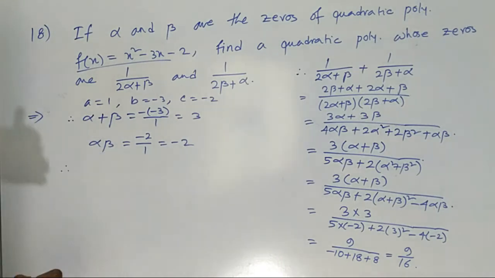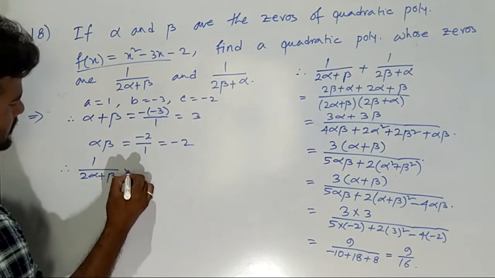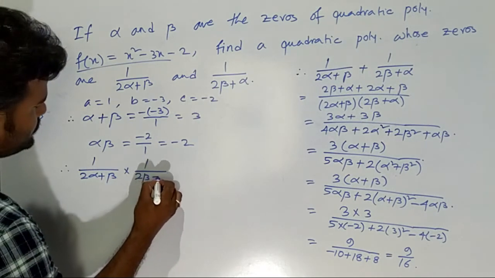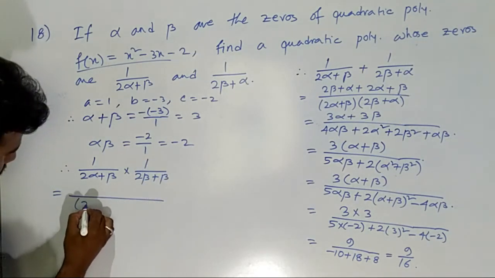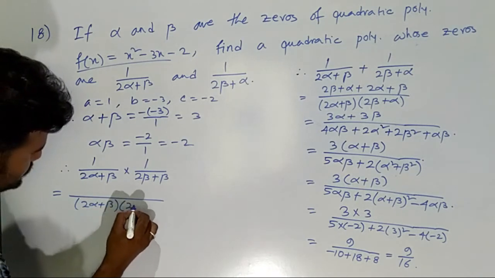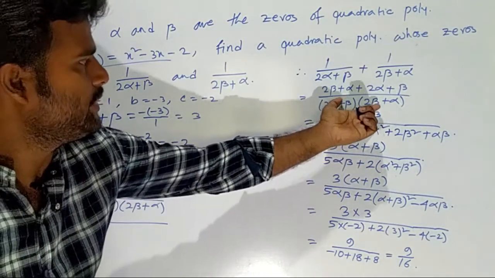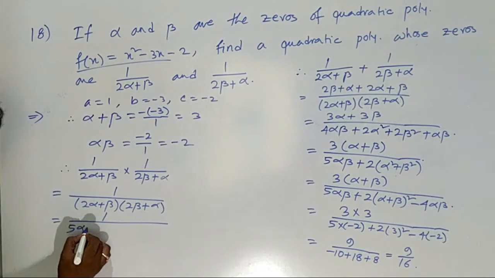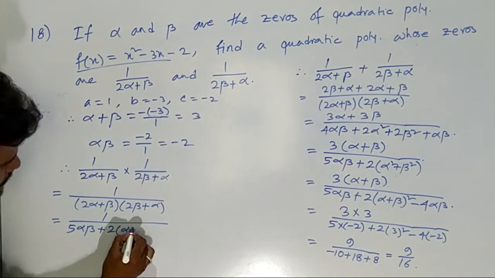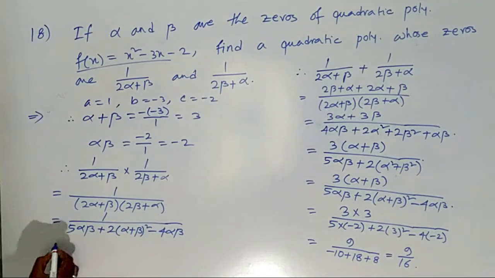Now we find the product, that is 1 by 2 alpha plus beta into 1 by 2 beta plus alpha is equal to, we can write, 2 alpha plus beta into 2 beta plus alpha. Now from there we can write directly 1 by 5 alpha beta plus 2 of alpha plus beta whole square minus 4 alpha beta, and putting the value, it will be 1 by 16.